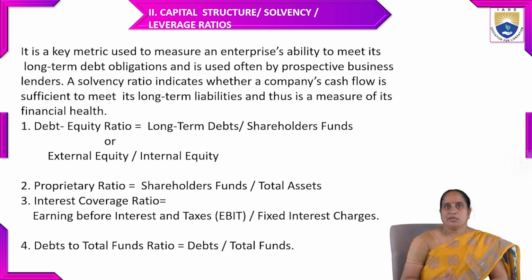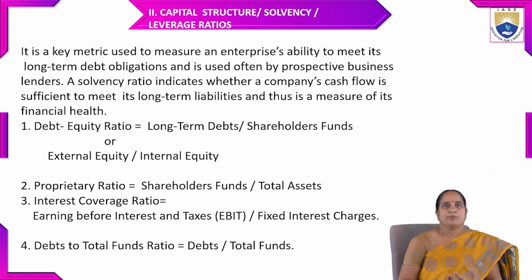So the most commonly and widely used ratios of capital structure or solvency or leverage ratios are debt equity ratio, which can be computed by using the formula debt equity ratio is equal to long term debt divided by shareholders fund, or it may also consider a ratio of external equity to that of internal equity.